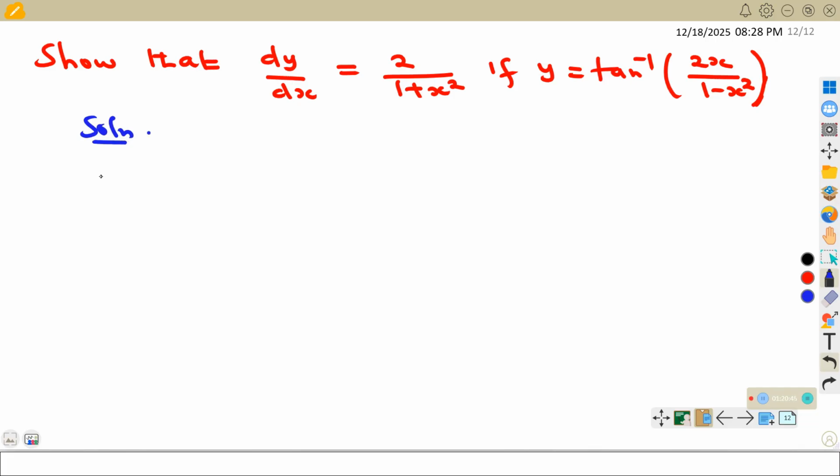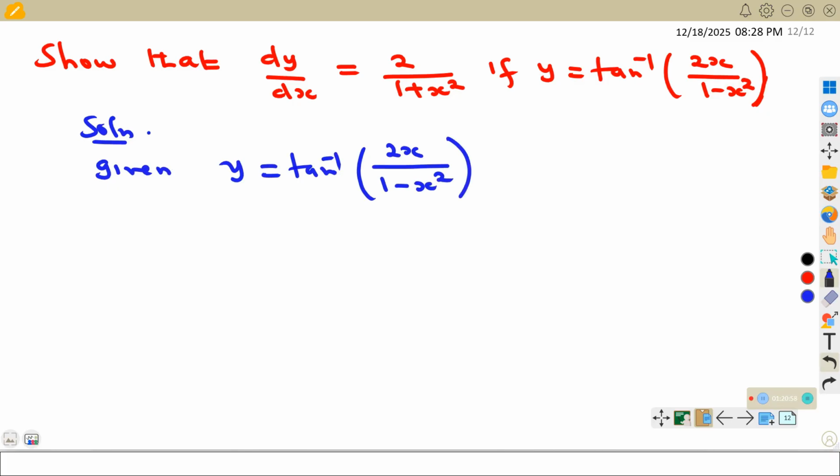We are given y as tan inverse of 2x divided by 1 minus x squared. From there, we take tan this side, and it becomes tan y, which is equal to 2x over 1 minus x squared.